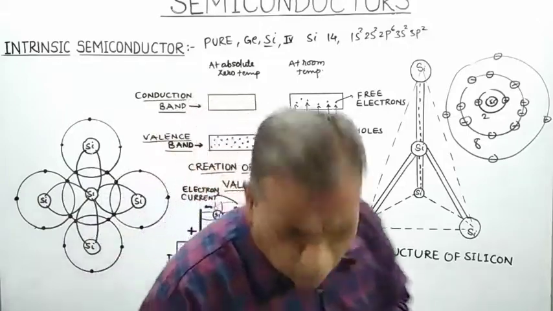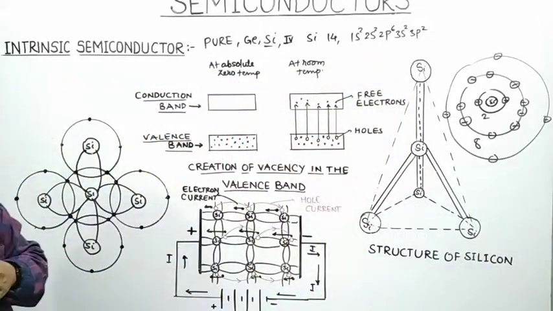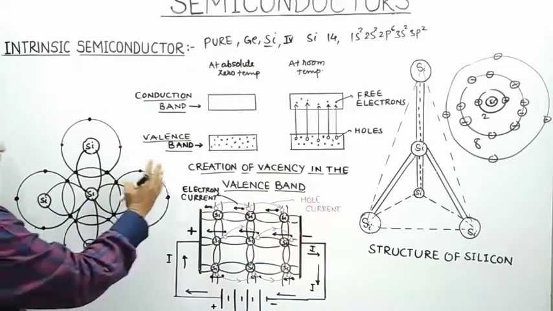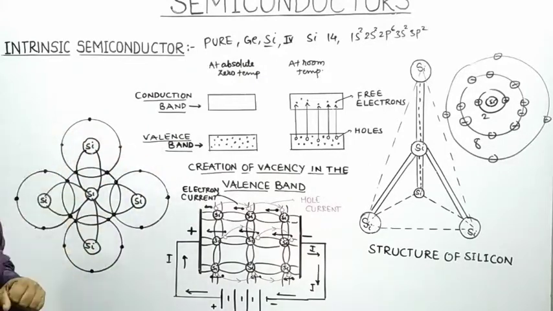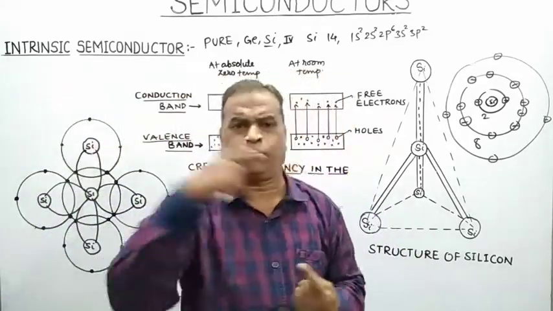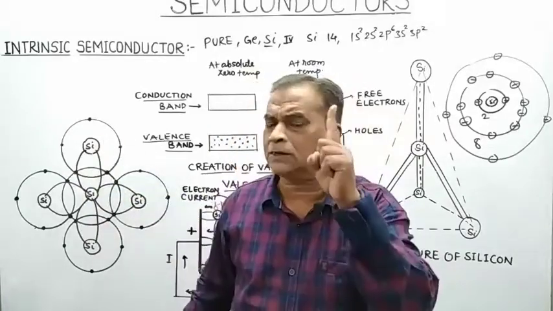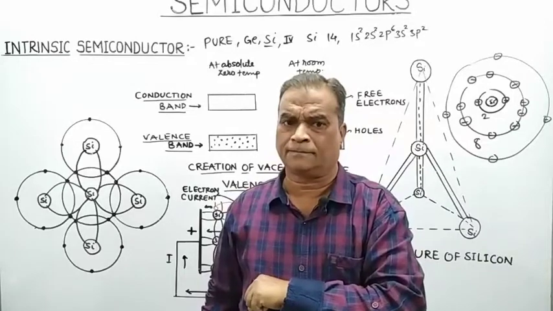Remember, at absolute 0 temperature, this is a crystal of silicon in which every silicon atom shares 1 electron each from 4 of its neighboring germanium atoms just by forming 4 strong covalent bonds.